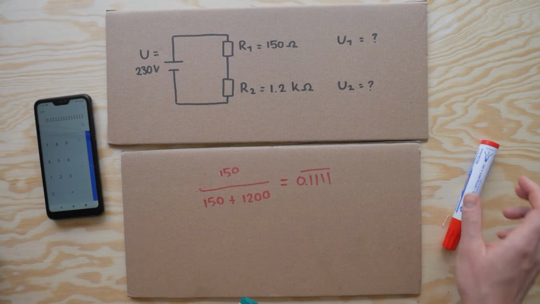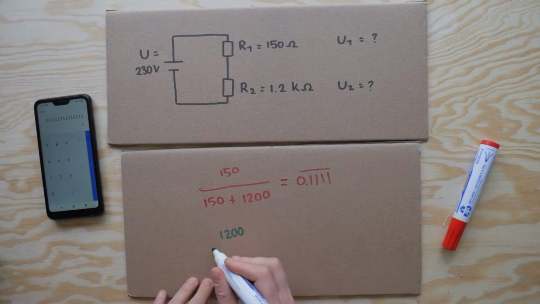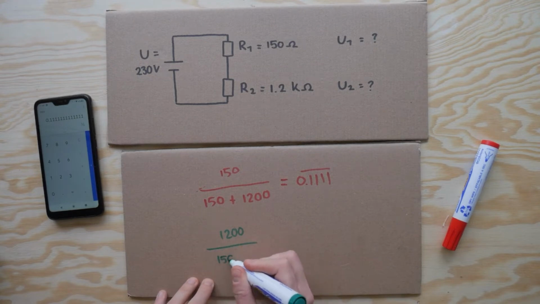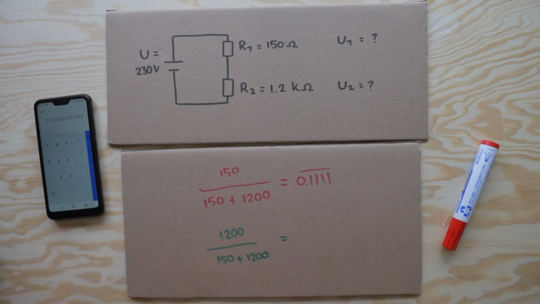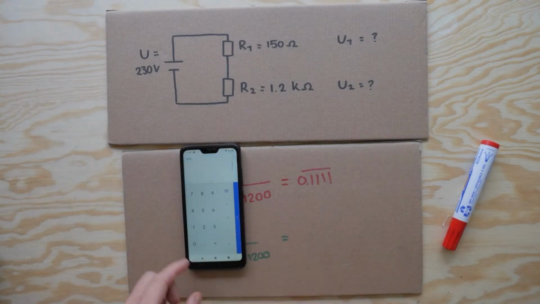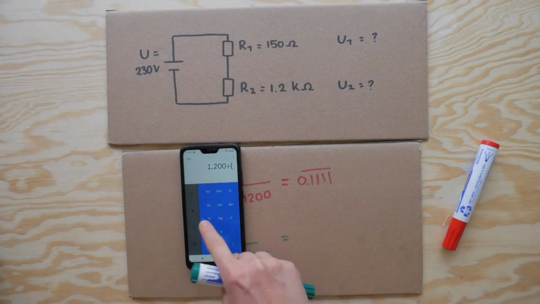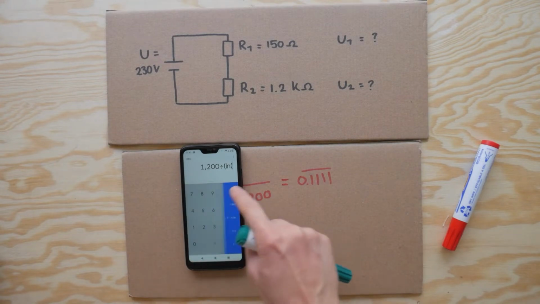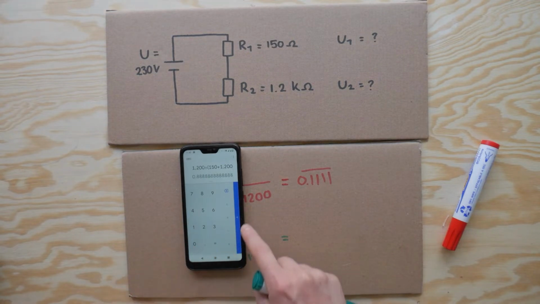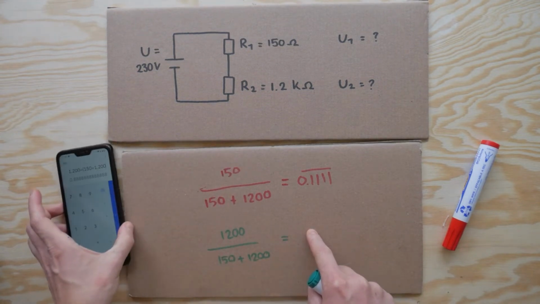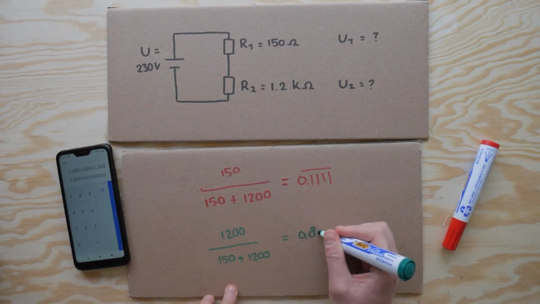But we can calculate that by doing pretty much the same thing, and let's just calculate that real quick. We got this divided by opening the bracket. Ooh, we don't want that. 150 plus 1200 is, I was wrong, I did some dumb math in my brain. It is 0.888.